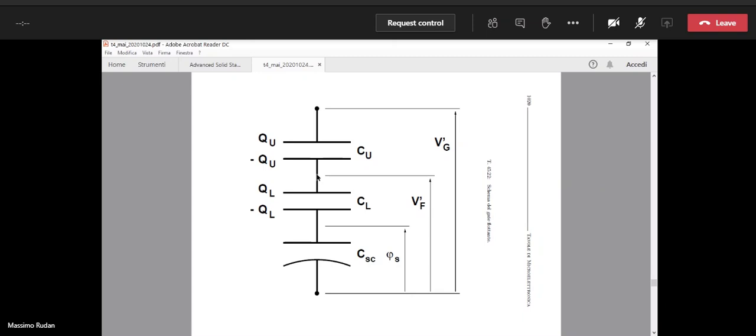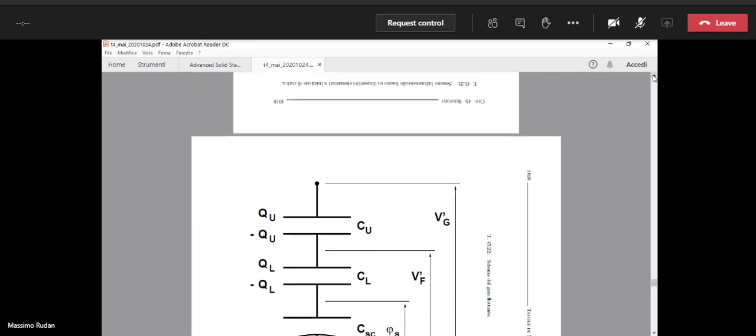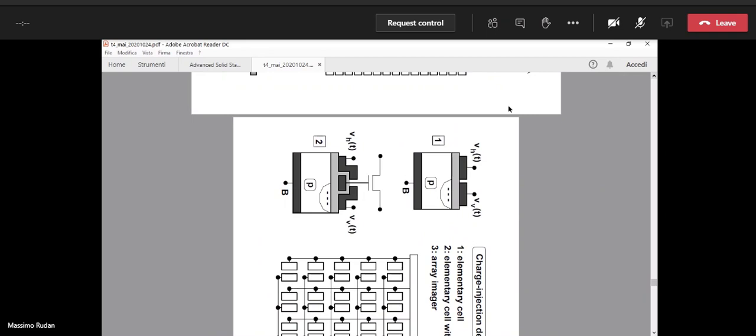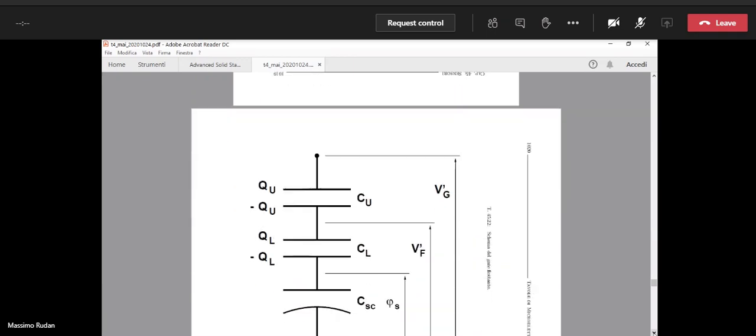Prime is because, as usual, we refer the zero not to the bulk contact, but to the asymptotic part of the semiconductor. Okay, so V prime F is like Vf minus V of flat band. What is V prime F? It is the voltage of the floating gate, meaning that the voltage of the floating gate is also the voltage that goes into the gate of the MOS transistor. So it is the voltage that controls the transistor.